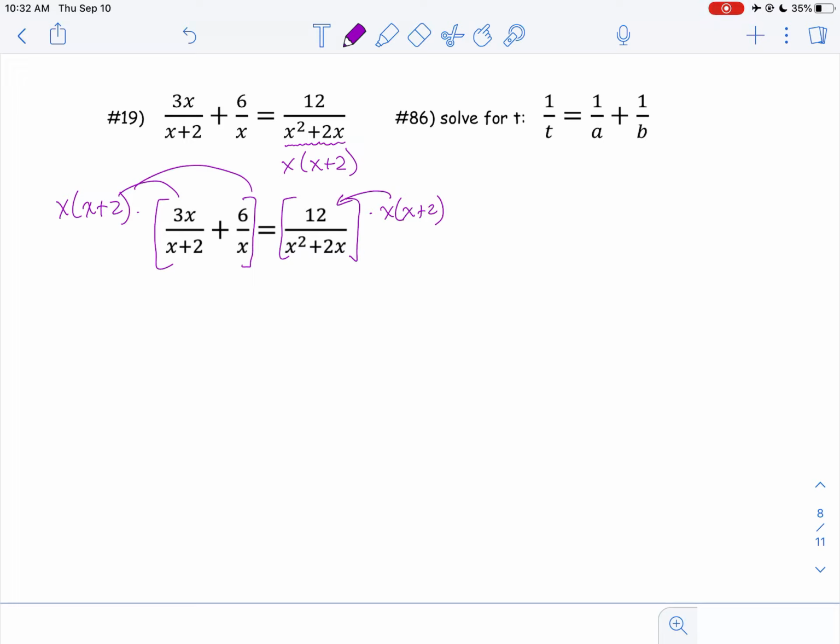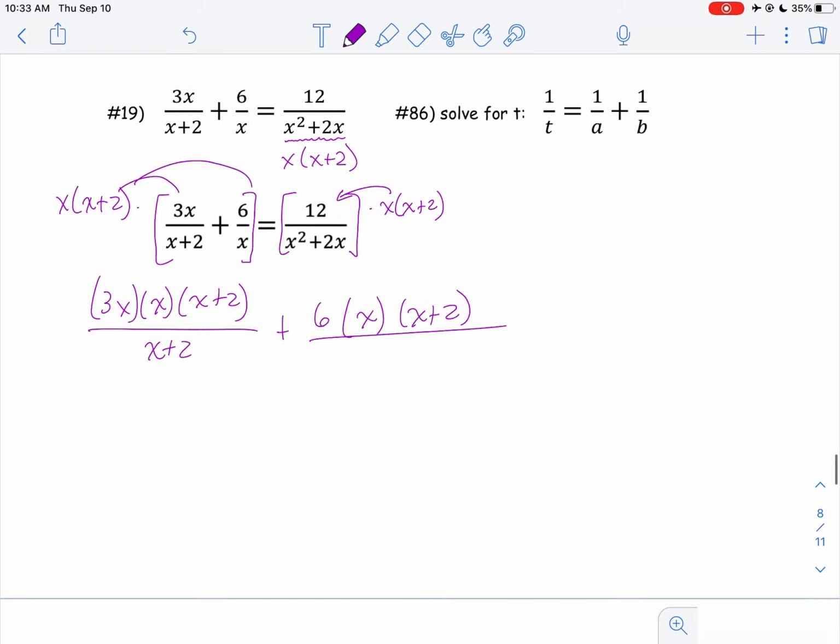So what that ends up looking like is 3x times x plus 2 all over x plus 2, plus 6 times x plus 2 all over x, equals 12 times x plus 2 all over, and remember we could factor the denominator there, x times x plus 2.